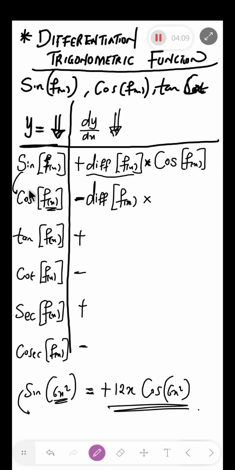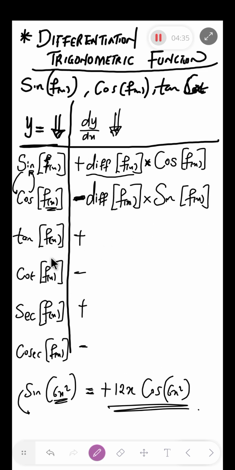Then this cosine needs to go back to where it is coming from. So when it goes back, it goes in a reversal way. It reverses back to sine f of x. Since it goes back to sine f of x, that's why it has a negative. So you follow it that way.